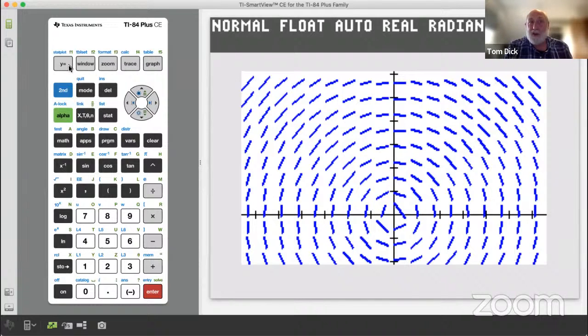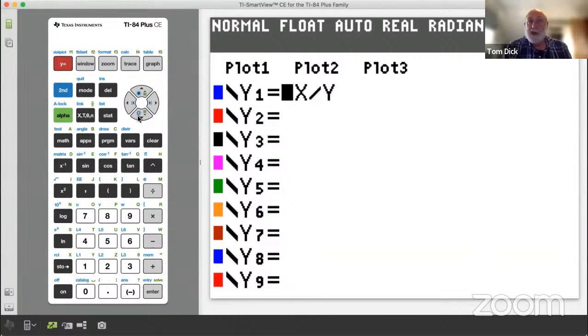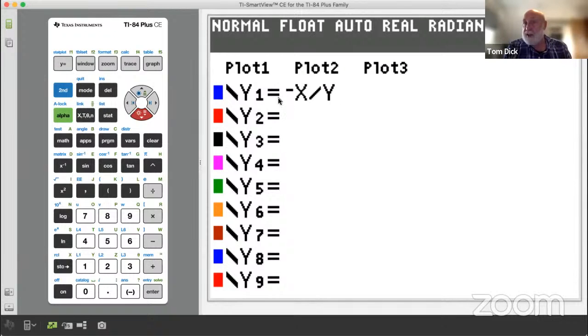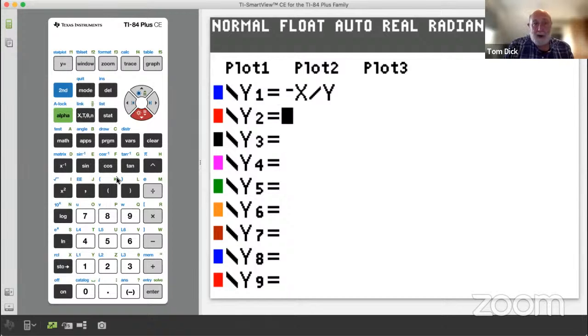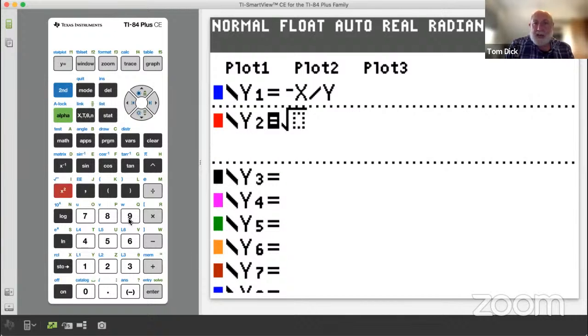And again, if you did want to plot a function on top of this, you could just use y2 or y3 or any of the other y equals equations. Notice the slope field's already on there. It's not selected. But I'll go ahead and in y2 put in the square root of, I mentioned x squared plus y squared equals 9.